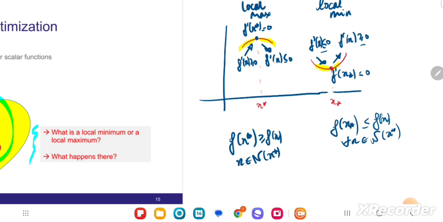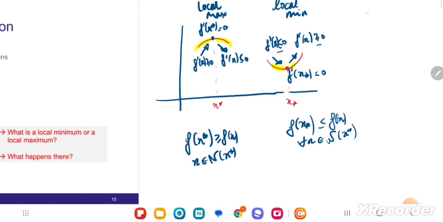So we've got a great characterization, the order 1 condition: we need a point where the first derivative is equal to 0. If x star is a local optimum, we need that f prime of x star is equal to 0.